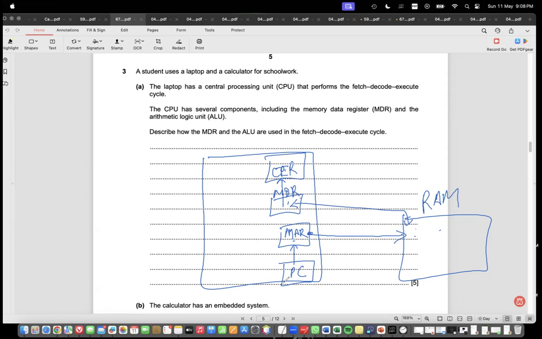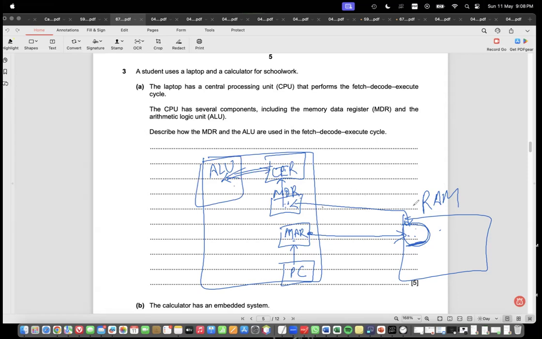RAM is fetching this address from the MAR. Whenever we locate this particular address in the RAM, the data at that location will be fetched by the MDR. Whatever data you have in the MDR, the CIR will fetch, and then this data will be fetched by the arithmetic logic unit. So this is all the fetching operation.